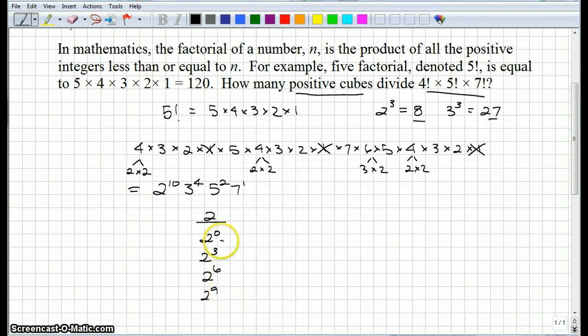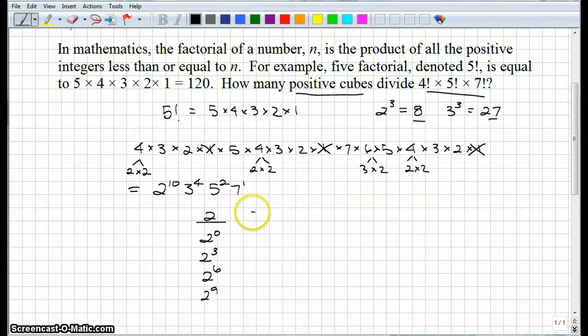So these are the possible exponents on the power of 2 that will be cubic factors of this number. We can't go to the next cube, 2 to the 12th, because we only have 10 2's, and so 2 to the 12th isn't going to divide evenly into this 4 factorial times 5 factorial times 7 factorial.